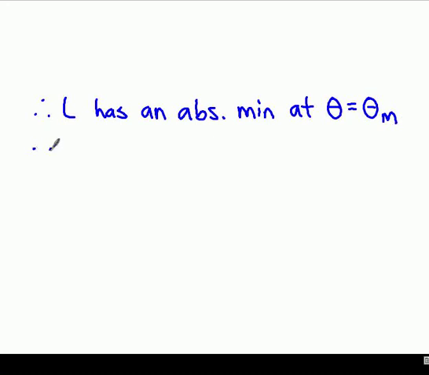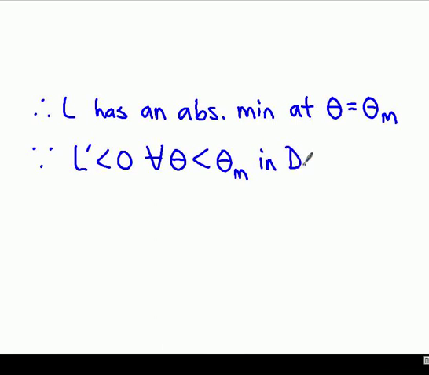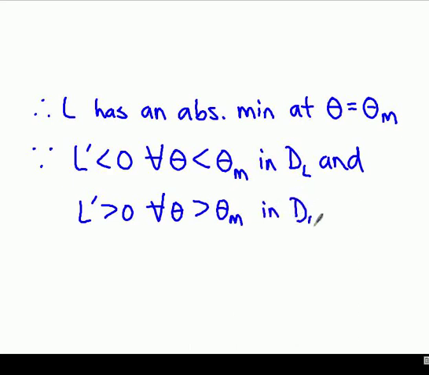And the reason for that is because L prime is negative for all values of theta less than theta m in my domain, and L prime is greater than 0 for all values of theta bigger than theta m, again, in my domain.